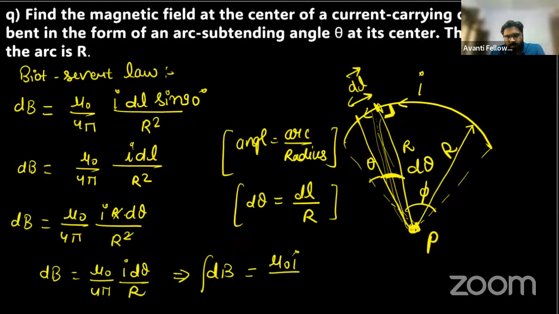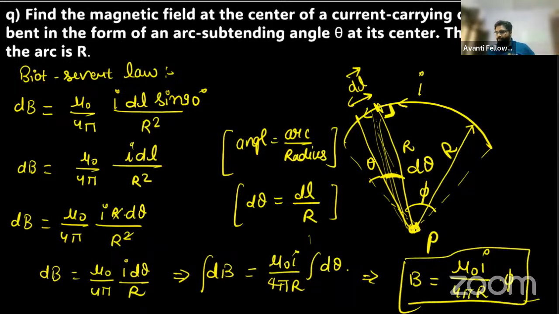So mu naught I upon 4 pi r times the integration of d theta. Now the integration of d theta is theta, which can extend up to the full angle. So here the B vector which you have is mu naught I upon 4 pi r into theta.